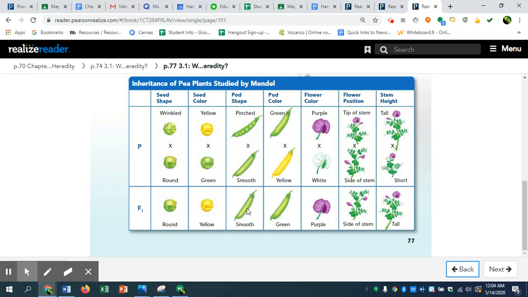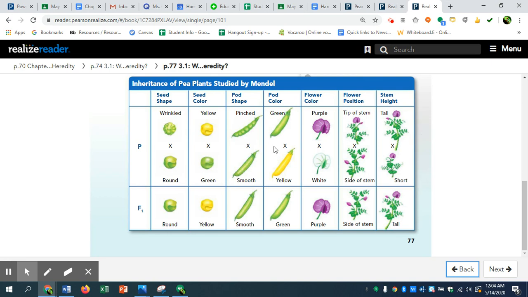Remember, Mendel said in the F2 generation, 3/4 of the offspring showed the dominant trait, 1/4 showed the recessive trait. So each plant had a 1 in 4 chance of showing the recessive trait. We're going to talk more about that when we get to Punnett squares and probability, so you'll understand it better.